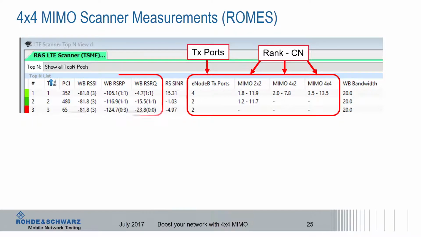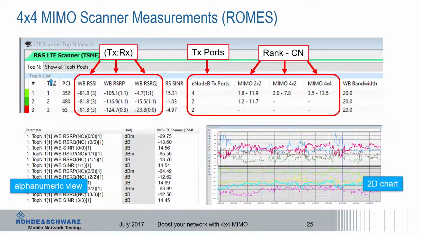Further on, you will see the wideband measurements for RSSI, RSRP, and RSRQ. In parentheses, you will see the combination of TX and RX antennas used to show the highest value for this combination. Of course, the bandwidth is also decoded from the SIB messages.